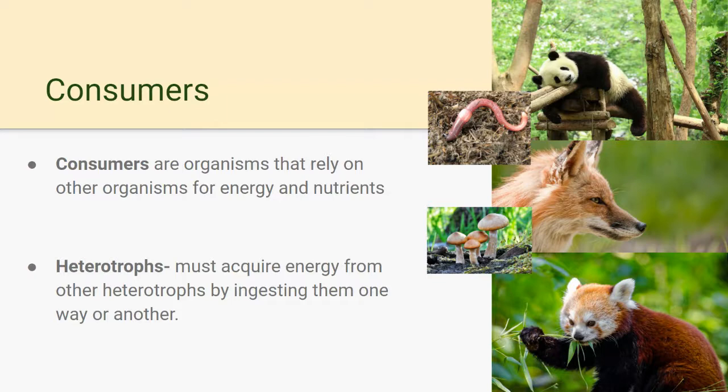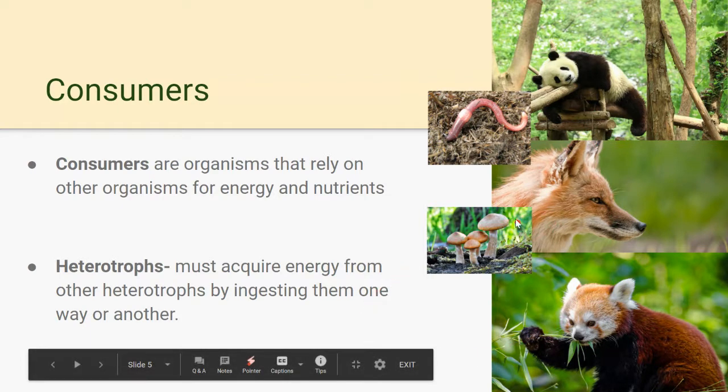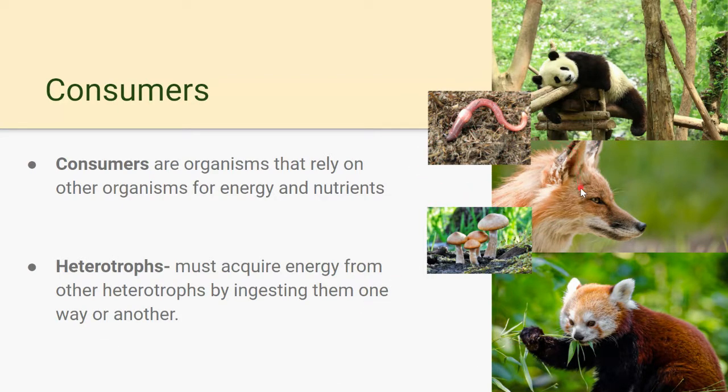Heterotrophs must acquire energy from other heterotrophs or autotrophs by ingesting them one way or another. So everything from these pandas, foxes, to mushrooms and worms, they cannot make their own food. They have to consume their own food.